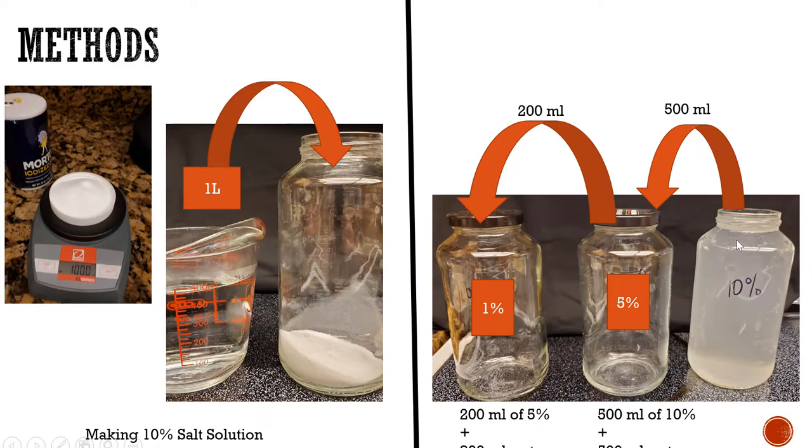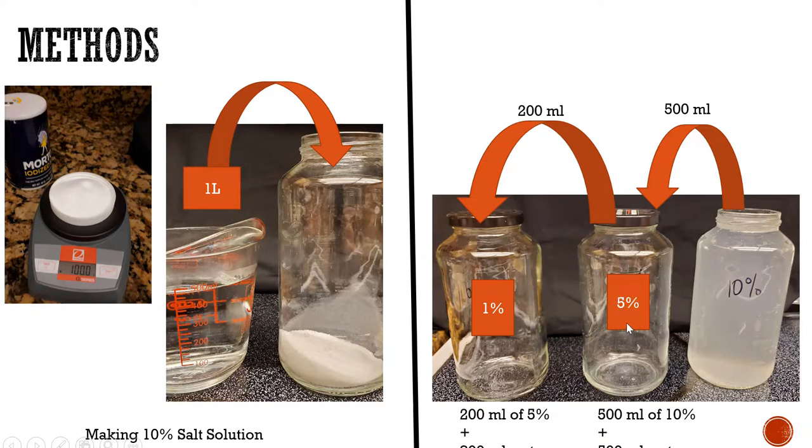You'll grab 500 milliliters, or half a liter, of your 10% solution, place it in a container labeled 5% solution, and add another 500 mL of water to create your 5% salt solution.